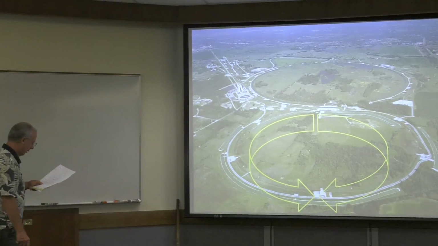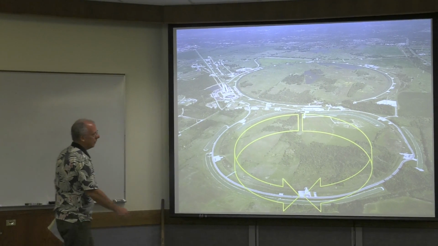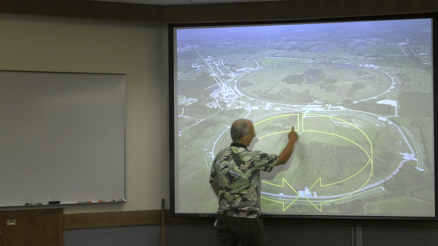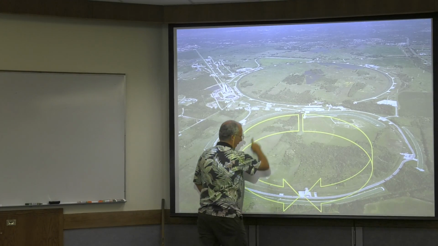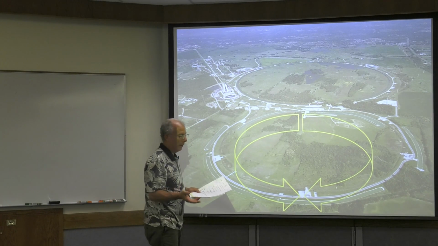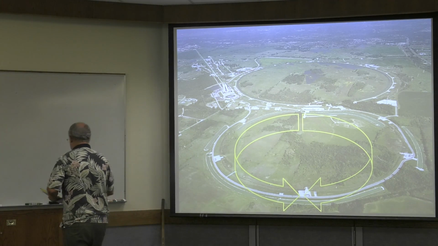Then collider mode is like this, right? So you have some particles going this way, some particles going that way, and they collide head on, right? Some people call it annihilation, okay? So a proton is made up of quarks.